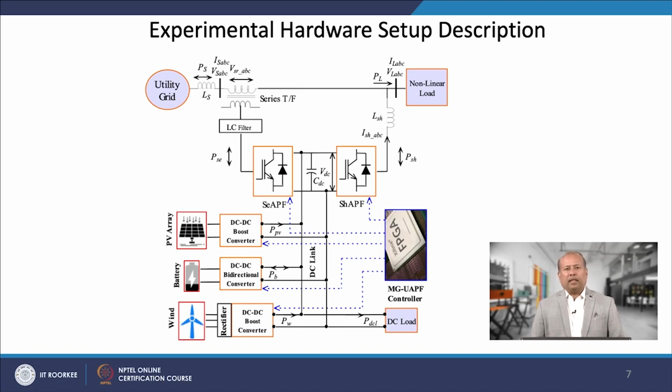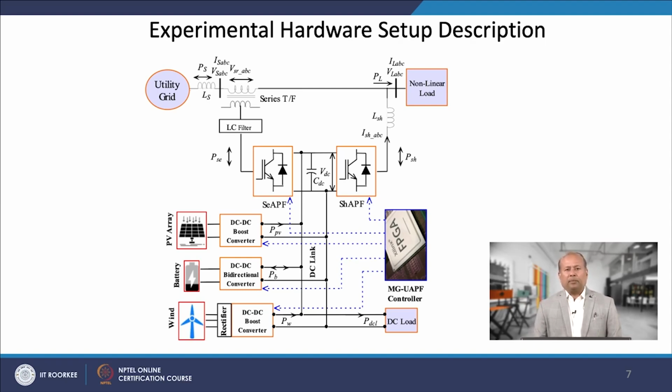The series active filter behaves as a pure sinusoidal current source and offers a high impedance path for the load harmonics. Also, an LC filter is used to eliminate the switching harmonics produced by the converter.